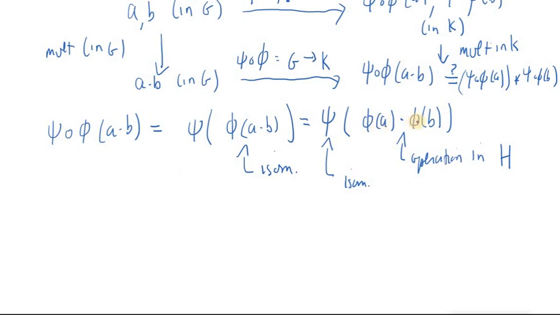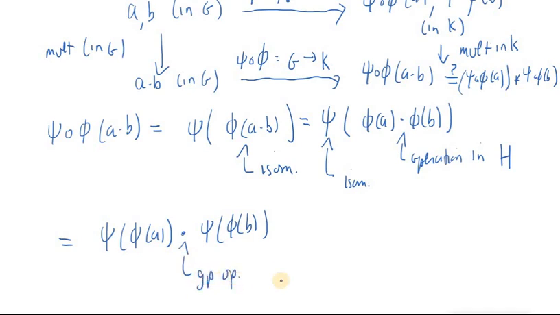Now here I have psi of a product. Now I can use the isomorphism rule on psi to give me psi of phi of A, and then operated with psi of phi of B. Now what's this group operation here? This is the group operation in the range of psi, which is in K. So I can write this, as I was writing it before, as star.